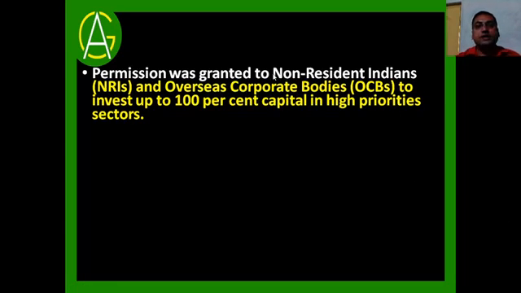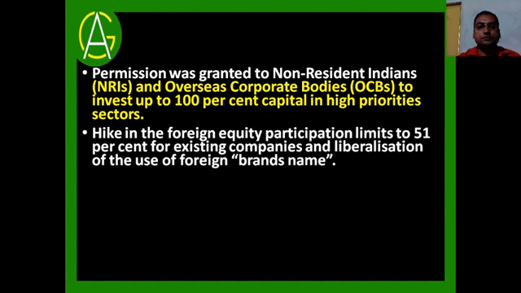Permission was granted to non-resident Indians, that is NRIs, overseas corporate body, that is OCB, for investment in India of 100% capital in high priority sectors. Government allowed investment of 100% shares in high priority businesses so that the businesses can be grown.